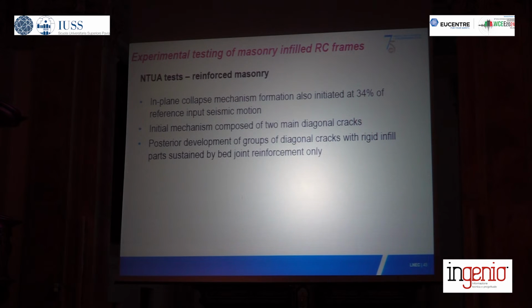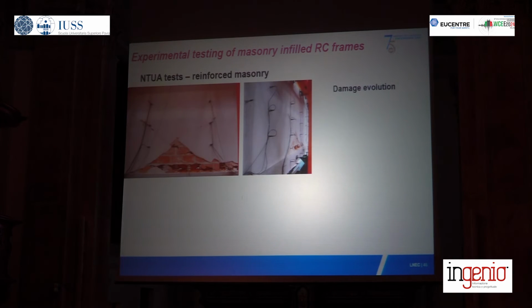And again, with a posterior development of groups of diagonal cracks, for this particular solution with the bed joint reinforcement, we ended up having a mesh of cracks all around the infill, as you will see.